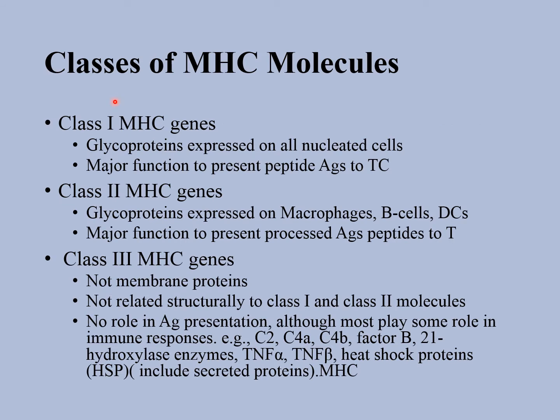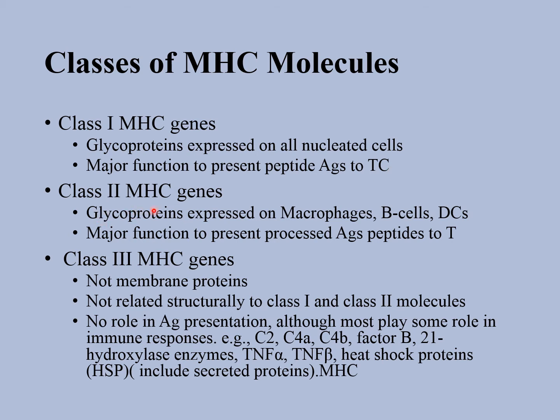As we have discussed, there are three major classes of MHC molecule. Let us study them in detail. The class 1 MHC gene encodes glycoproteins which are expressed on all nucleated cells, where they present peptide antigen to cytotoxic T cells.